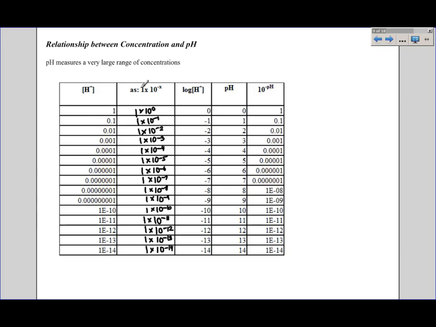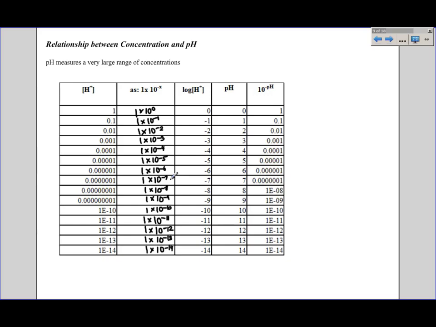Now what I've done in this second column, and I'll invite you to do, is to rewrite all of these concentrations in the form of 1 times 10 to the negative x. So just basically put these numbers into scientific notation. So for example, this one here, I had to move the decimal place over 7 to the right. So this in scientific notation is 1 times 10 to the negative 7.